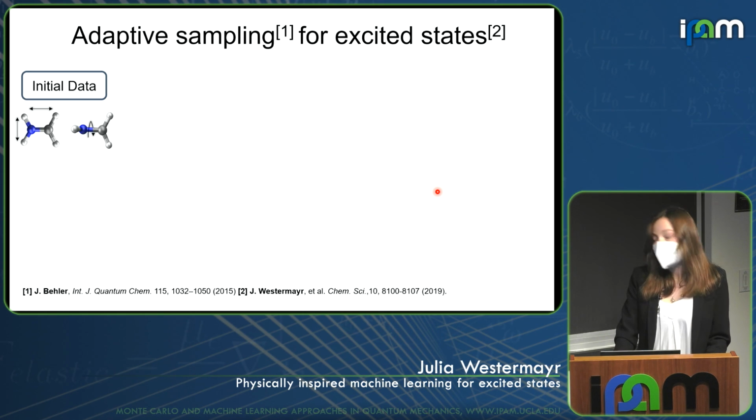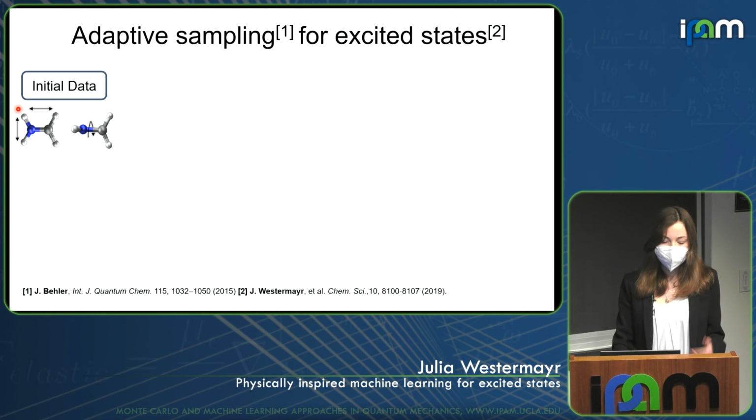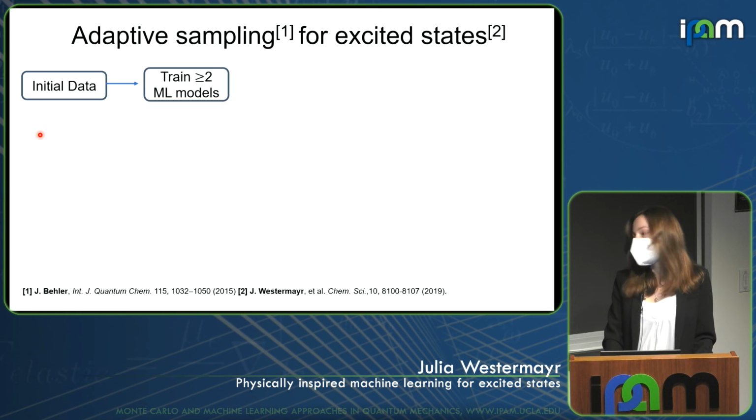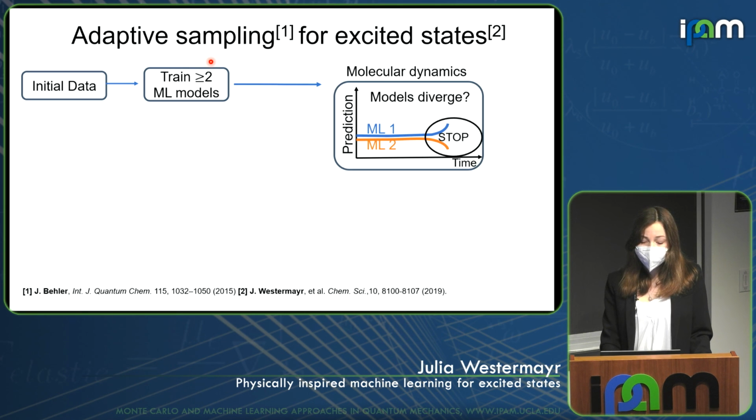To overcome this problem, we have adapted the adaptive sampling scheme that was developed by Jörg Behler, and we did it for excited states. This scheme starts with some initial data that you can get from random sampling or different scans along reaction coordinates. What we then did was we trained at least 2 machine learning models, and we used both of them in molecular dynamics simulations.